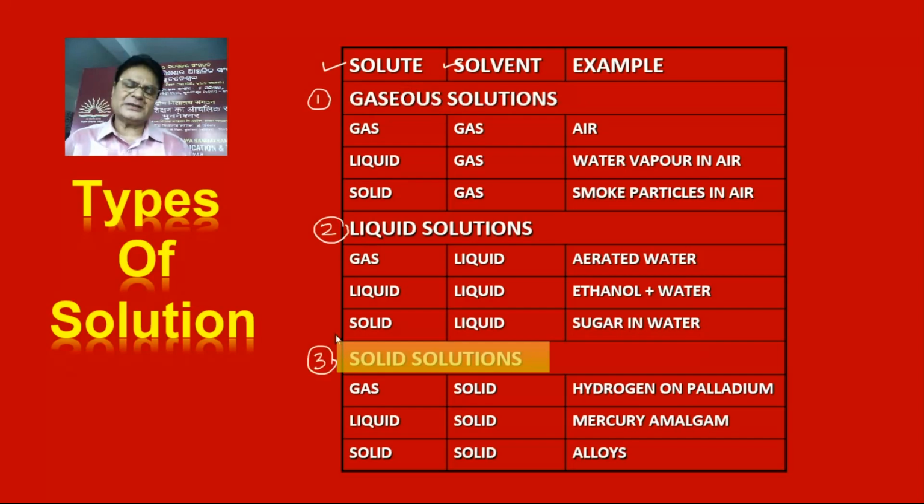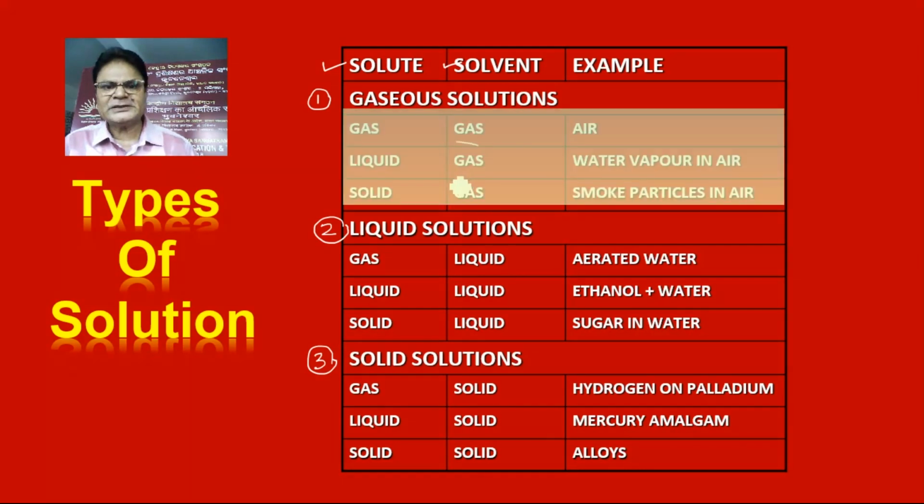The physical state of the solution depends upon the physical state of the solvent, because this is the major component. So when the solvent is gas, then the solution will be a gaseous solution.